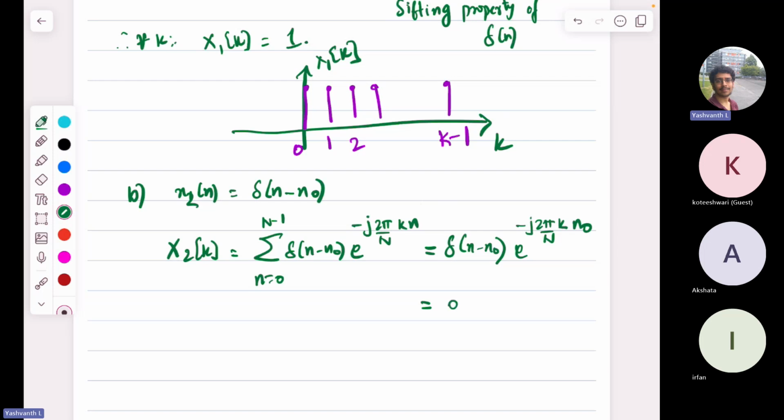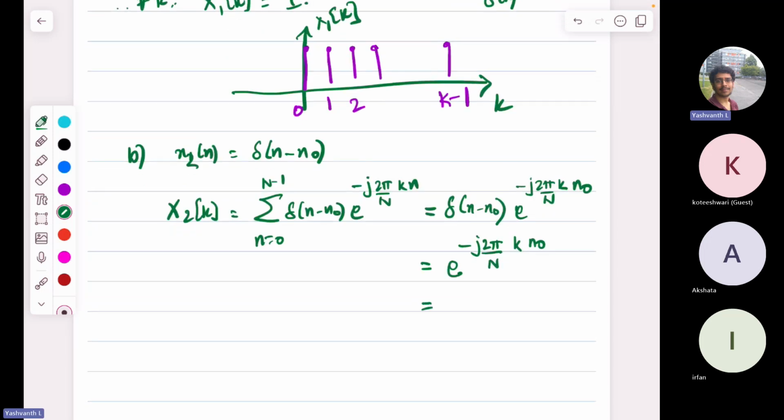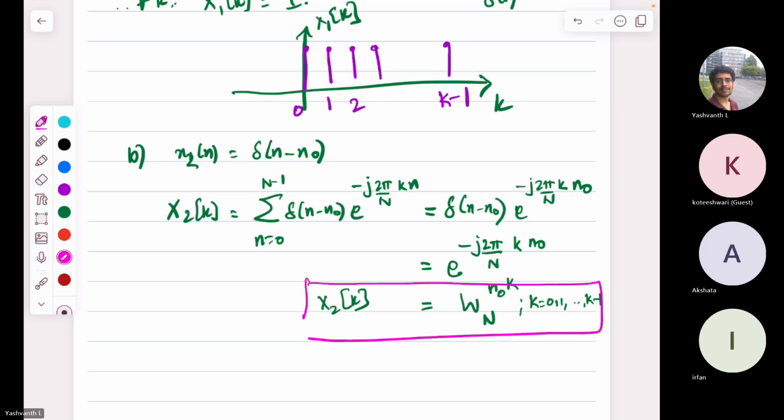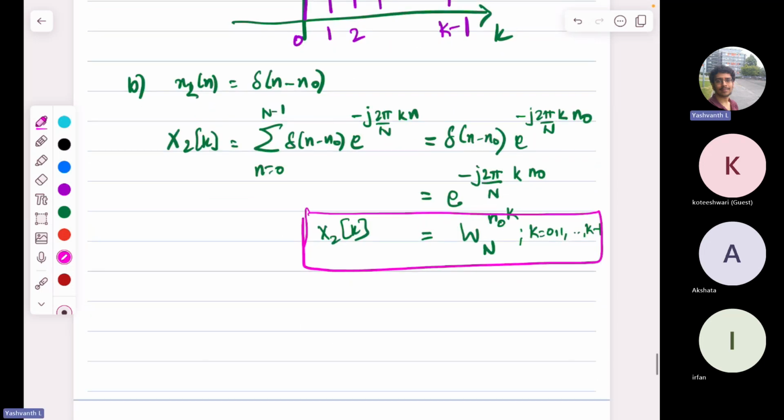So this is nothing but e power minus j 2 pi by N into k n naught, or in terms of the twiddle factor, W subscript N power n naught k, for k equal to 0, 1, and so on till N minus 1. That is the expression for your DFT.